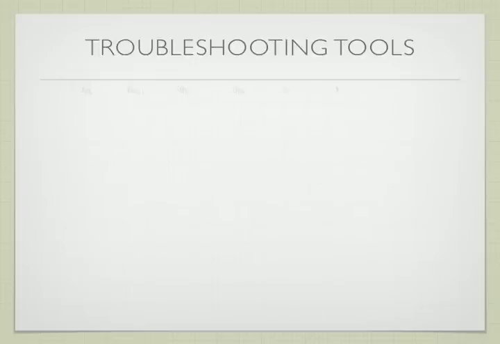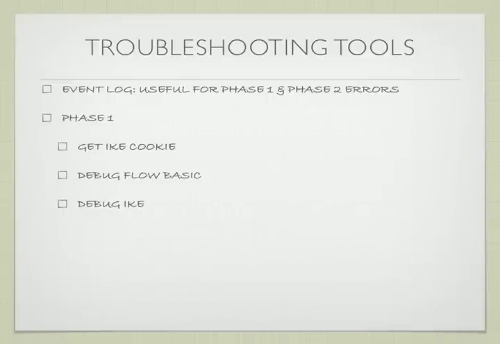So there are some troubleshooting tools available. The event log will show phase 1 and phase 2 errors. Get event, or looking at the event log on the device, will show these errors popping in. For specifically phase 1 problems, get cookie will show what's going on with the phase 1 negotiation.